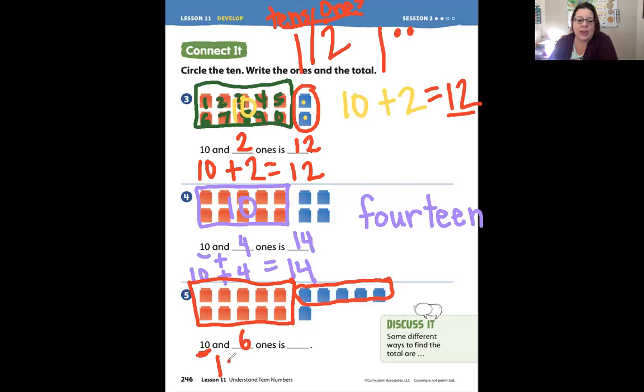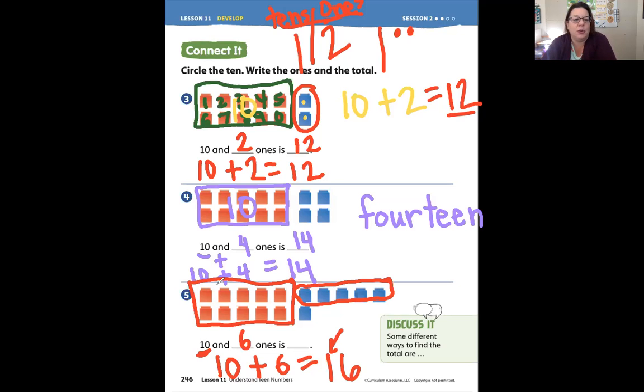If I were to write an equation, I would write 10 plus 6 equals. So that's 10. Do I need to count 6? I don't think so. 10 and 6 is 16. It has 1 ten and 6 ones.